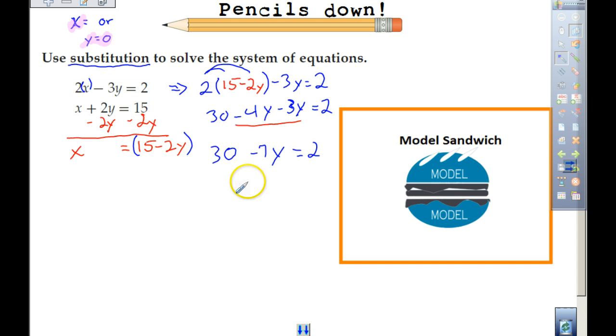Subtract 30 from both sides. Negative 7y equals 2 minus 30, which is negative 28. Divide by 7. Oh, sorry, divide by negative 7. Y is positive 4.